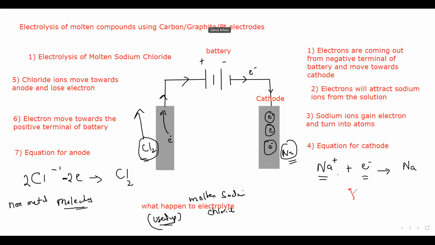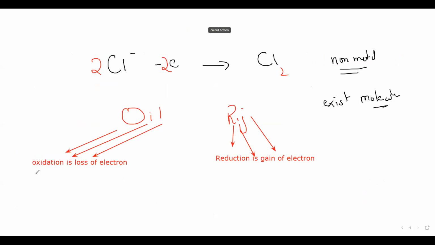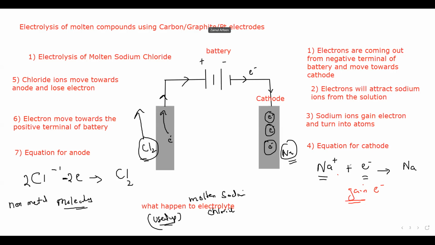So what do we call this change if it is gaining electron? Oxidation or reduction? Remember, oxidation is when something loses, and reduction is when something gains electron. Sodium ion gains electron and turns into sodium atom. So we call this change reduction.